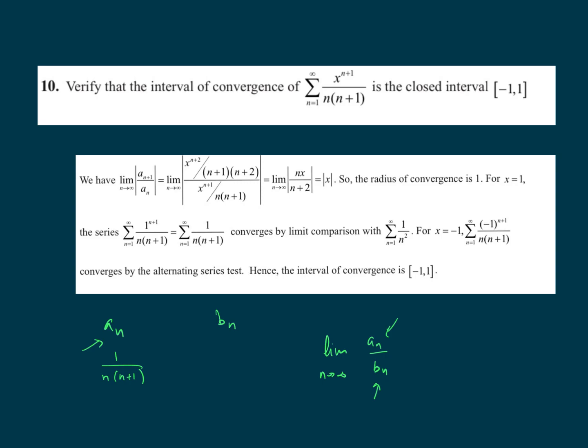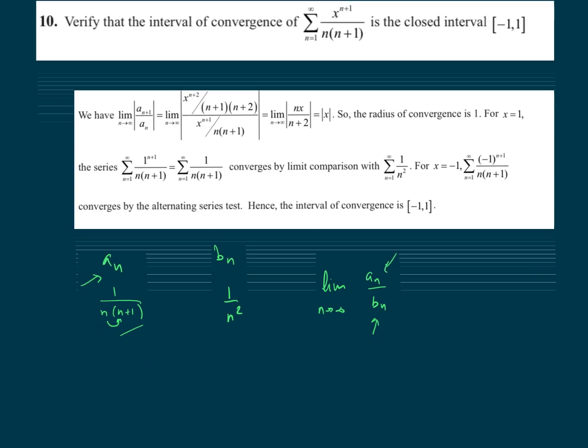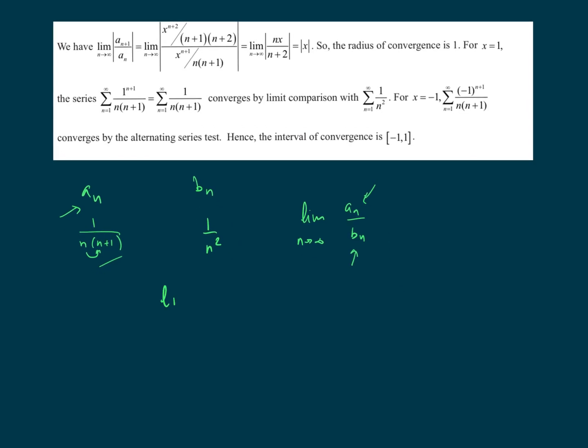So we compare this series with 1 divided by n squared, because implicitly when you multiply here, there is 1 divided by n squared. The limit when n goes to infinity of 1 divided by n(n plus 1), divided by 1 divided by n squared, is the limit of n squared divided by n squared plus n.